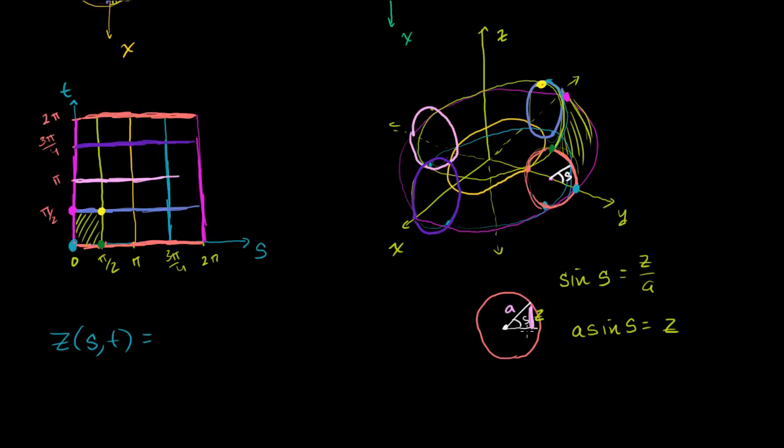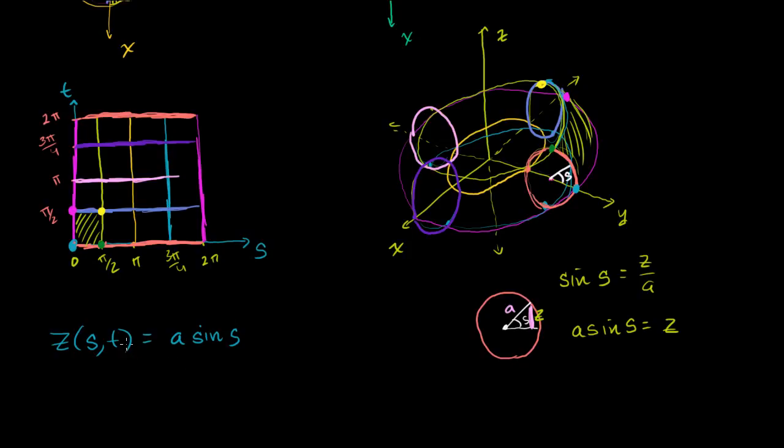That tells us how much above the xy plane we are. Just some simple trigonometry. So z of s and t is only going to be a function of s. It's going to be a times the sine of s. Not too bad.